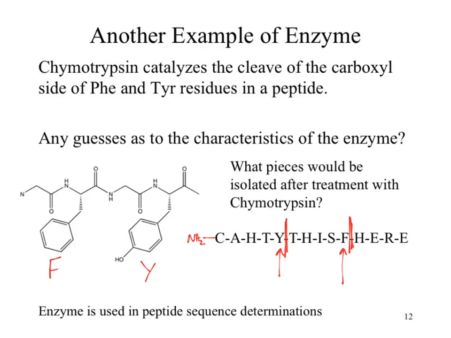It is very commonly used in our peptide sequence determinations. You take your peptide, you cut it down into smaller pieces, and you evaluate those smaller pieces. You can then backtrack and build a protein sequence out of that. For sure, we used to have questions on that in the online homework. I don't know if I've kept them in there because we don't talk about it a whole bunch. So be aware you might see that come up, where they'll say these 4 or 5 proteins cut at this position.